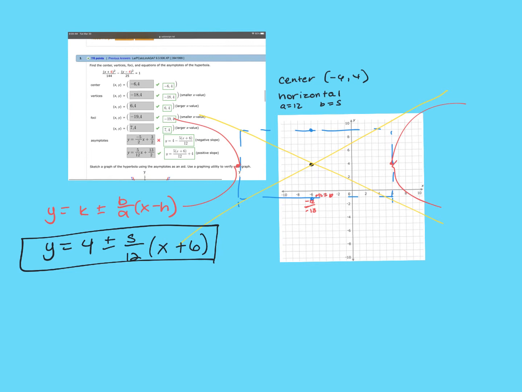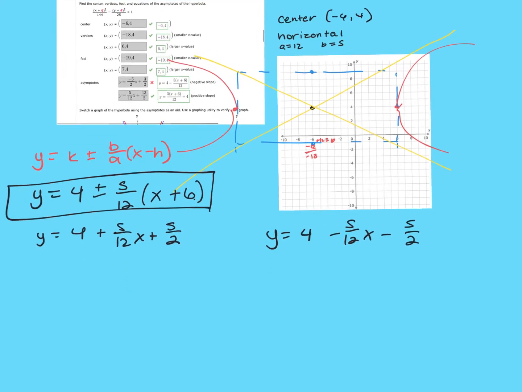So you don't distribute the 5/12? You don't need to, but let's see if you did. 5/12 x plus, it would be 5/2, and then 4 minus 5/12 x minus 5/2, and then this is 8/2, y equals, it would have been 5/12 x plus 13/2.